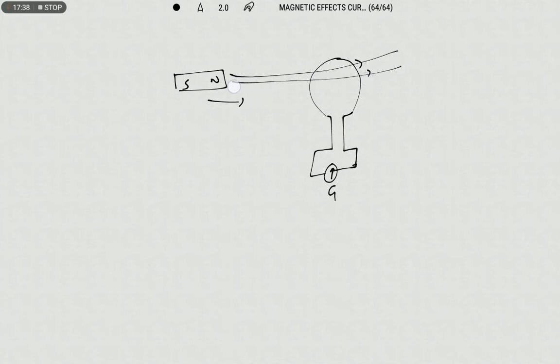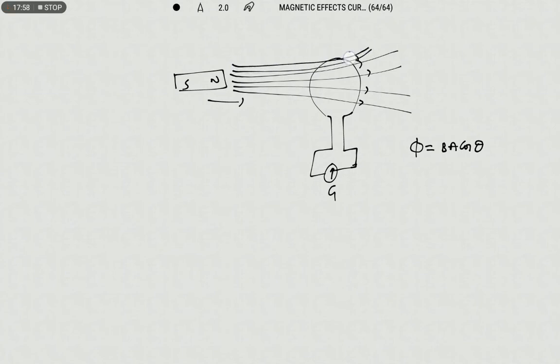The magnetic field lines passing through the coil will change. So already we know that flux phi is equal to BA cos theta. That means if the flux passing through the coil changes, then in the coil the current is produced.